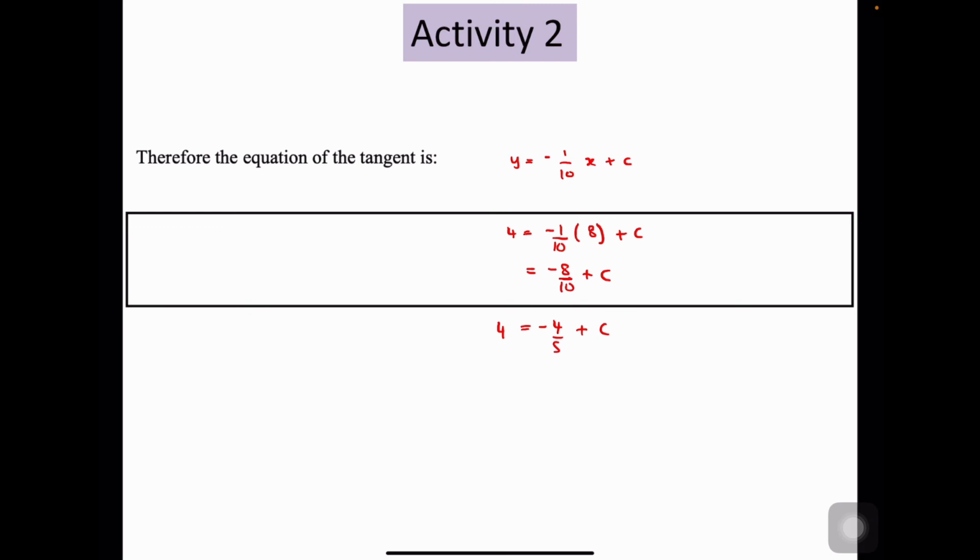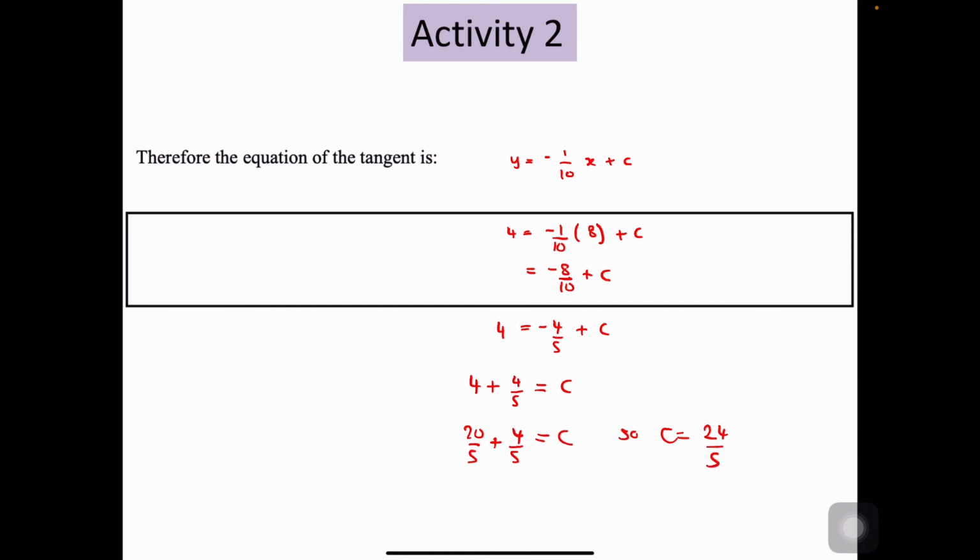So let's add 4 over 5 to both sides. 4 is the same as 20 over 5. And so c equals 24 over 5.